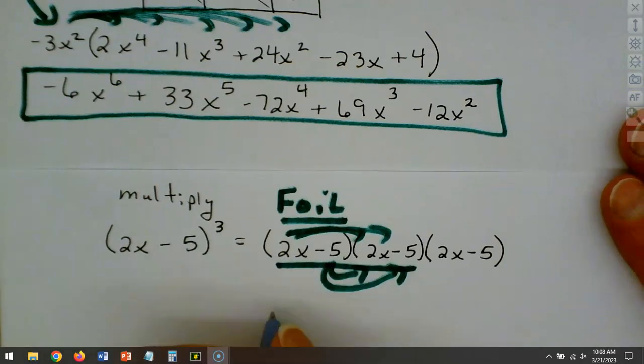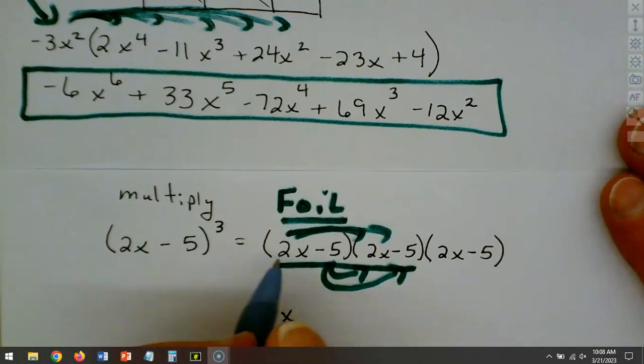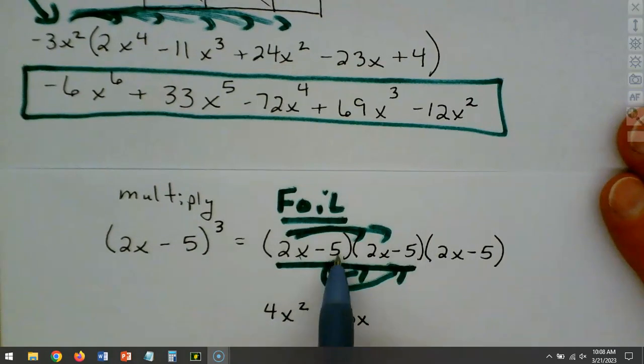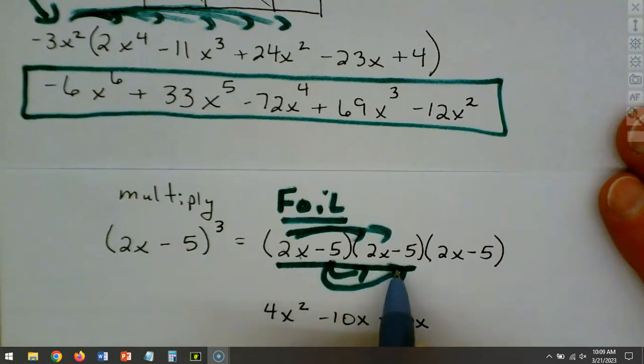2 times 2, well, that makes it a 4. x and x makes it an x squared. So we have 4x squared there. Then we have a 2x times a negative 5. Well, that makes it a minus 10x. Negative 5 times a positive 2x. That's a minus 10x. And watch your signs here. Negative and negative makes it a positive 25.